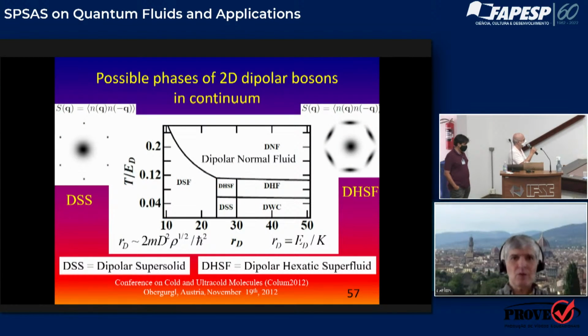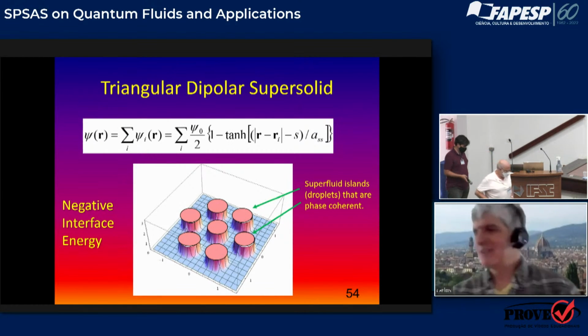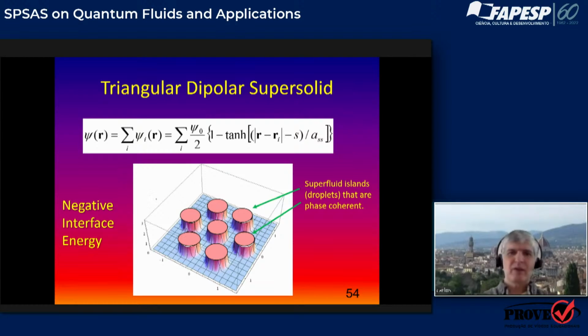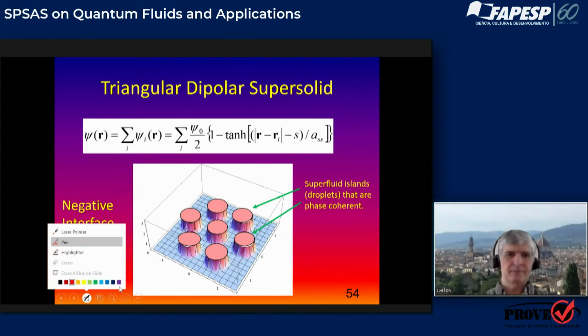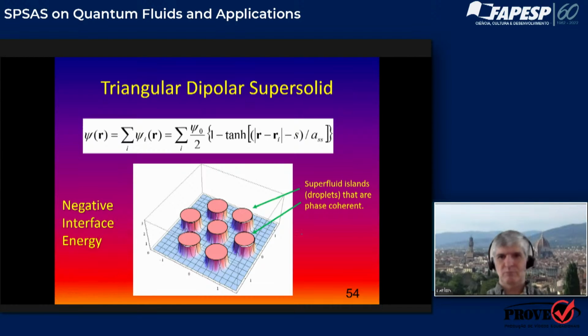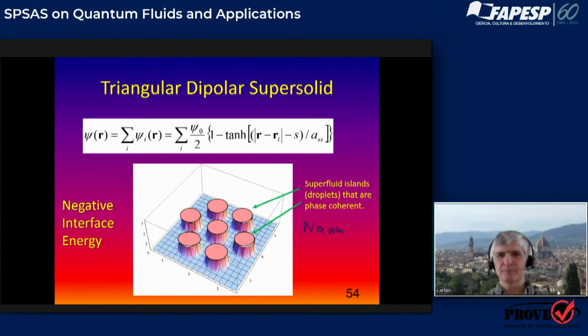Yeah, well, this is a good question, right? In the following sense. If you think about, why can you not think about this as, let me put it this way, a non-uniform superfluid?